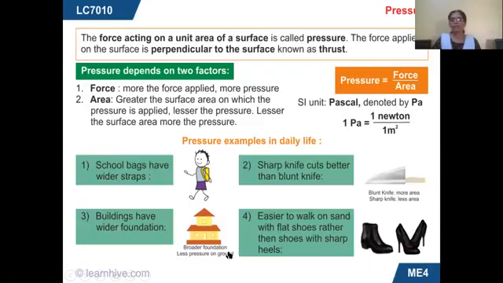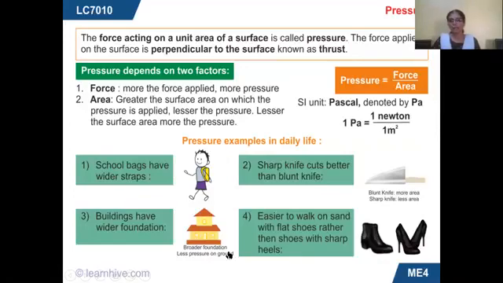Here in the denominator, you can see area is there. If the denominator, the area, keeps decreasing, then, as we have learnt in mathematics, if the value of the divisor decreases, the quotient will be more.